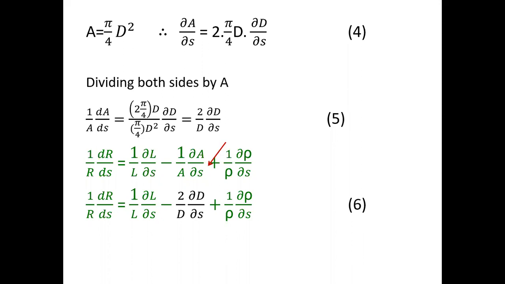So dividing both sides by A, 1 by A dA by dS is equal to 2 pi by 4 d upon pi by 4 d square into dD by dS. Pi by 4 gets cancelled, and d cancels, giving 2 by d dD by dS.